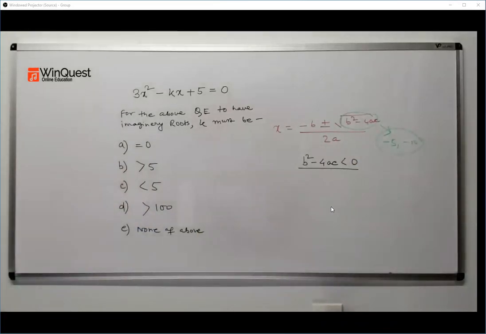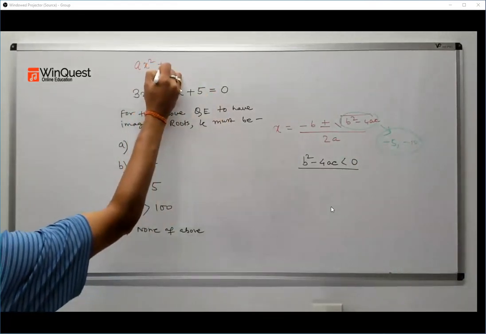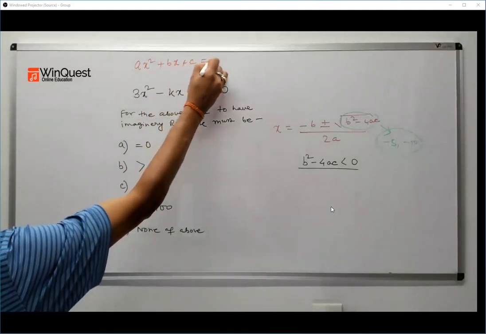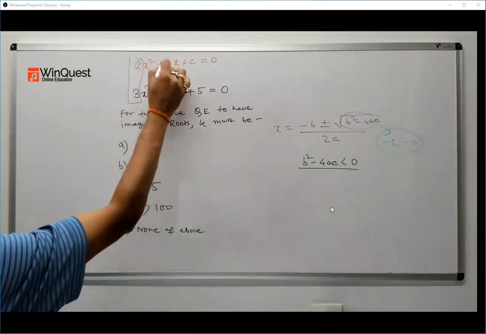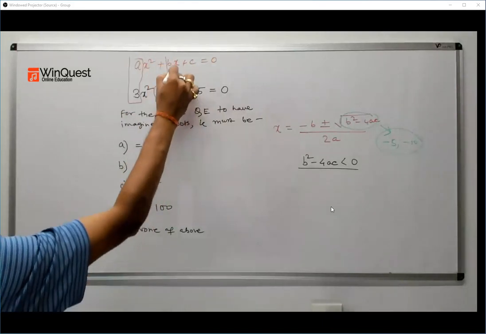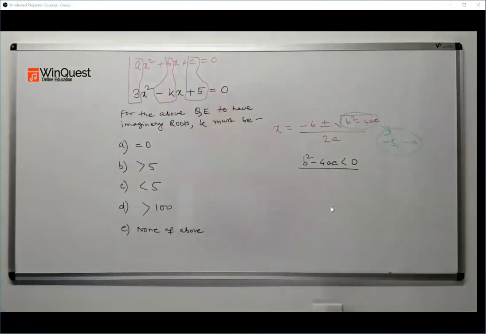Okay. So when you look at this problem, compare it with ax square plus bx plus c equals to 0. Here, a is 3, b is minus k, c is plus 5. Am I clear?